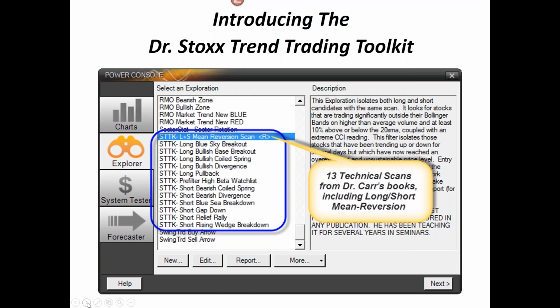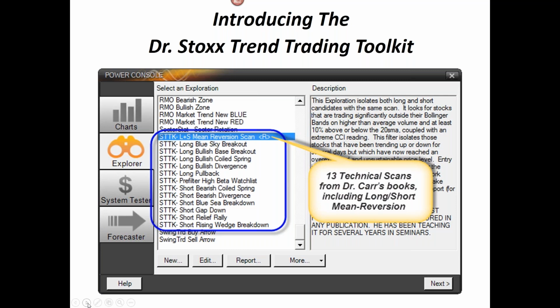So a little bit different approach, but in addition to these 13 technical scans, you're also going to get two what are called expert advisors, which you then apply to specific stocks, and you will do that for the two day trading strategies, which makes sense. In day trading, you're not scanning a whole universe of stocks for specific trade setups on the daily chart.